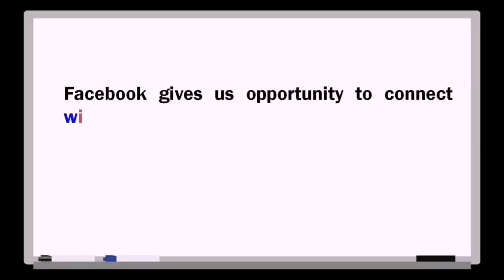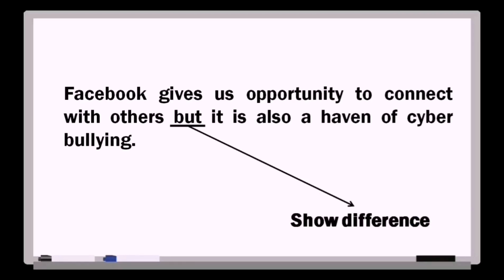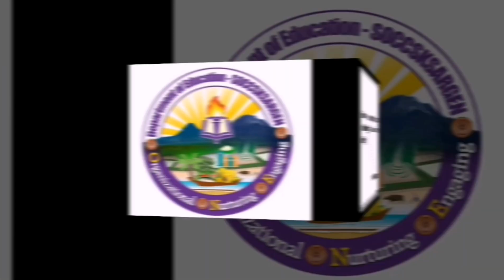Facebook gives us opportunity to connect with others, but it is also a haven of cyberbullying. In our second sentence, "but" is used to show how something positive and negative is said about Facebook. Therefore, "but" is used to distinguish ideas or to show difference between ideas.